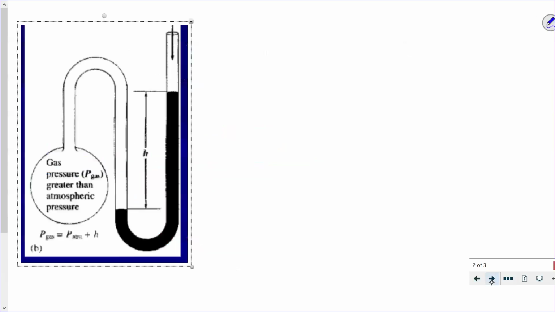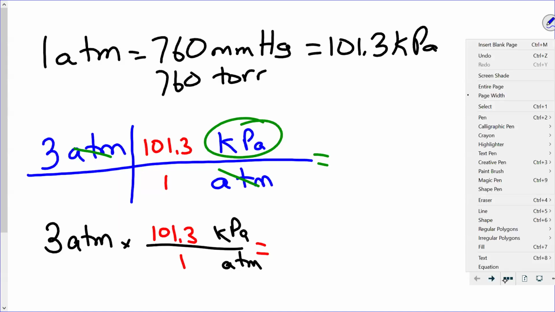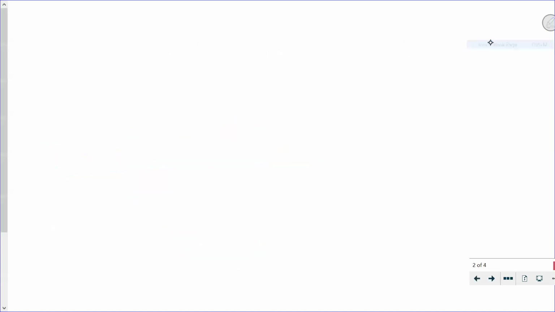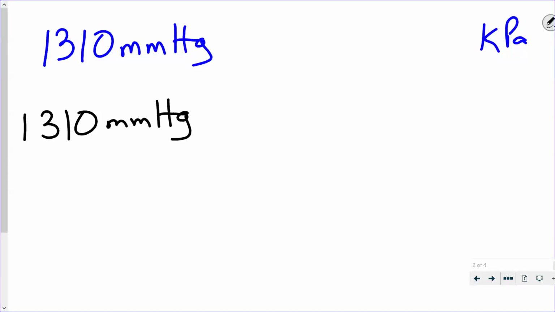But looking to do a more difficult conversion, let's convert 13,100 millimeters Hg to kPa. We want to start this same way, 13,100 mmHg.